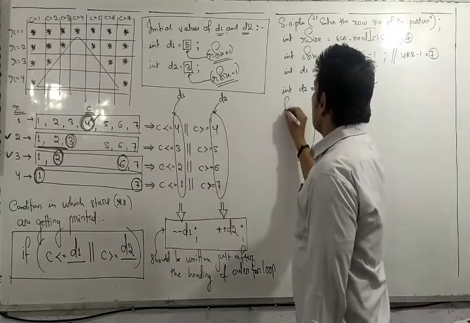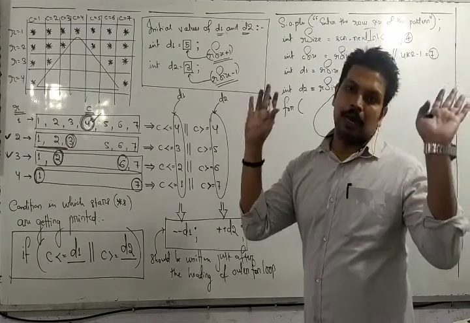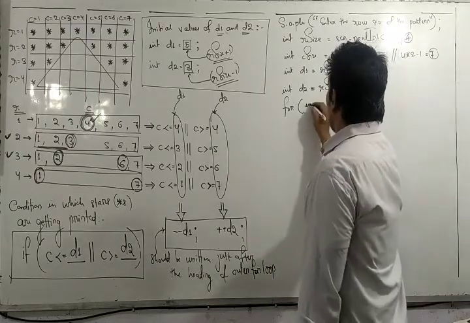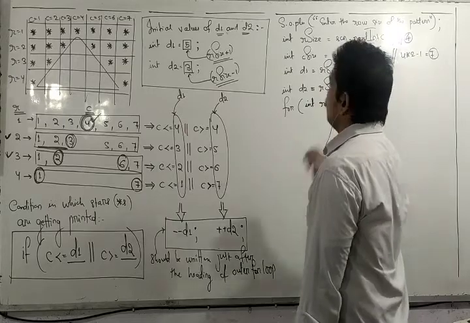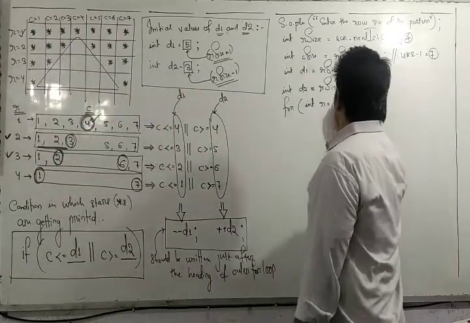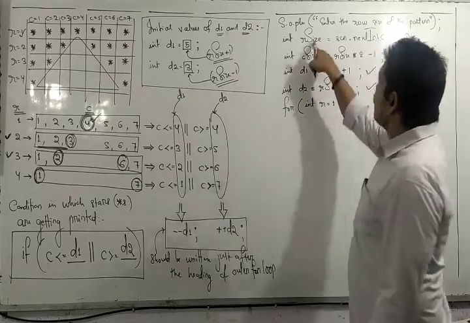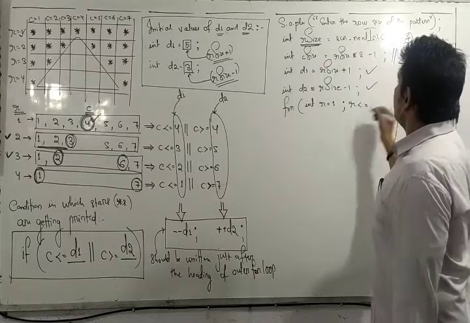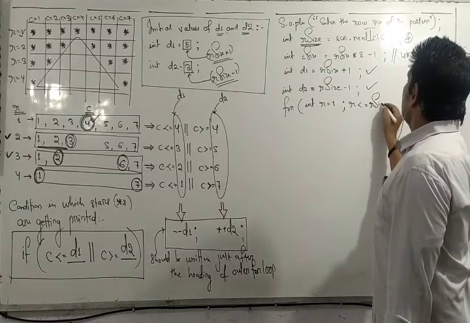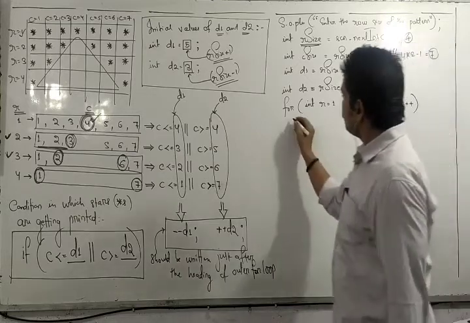Now let us start the for loop. Okay, structure of every pattern program. For int R is equal to 1, then R less than equal to R size, then R plus plus.